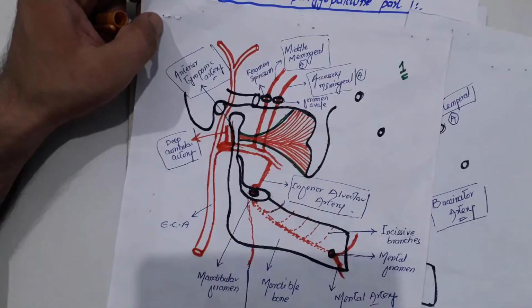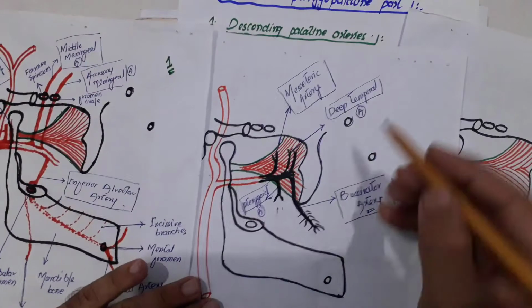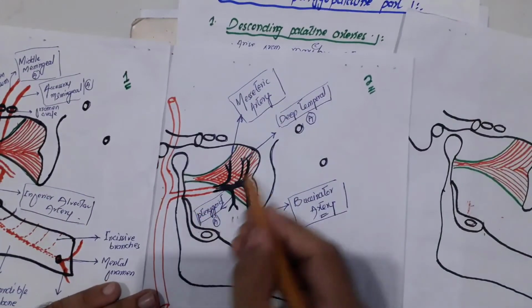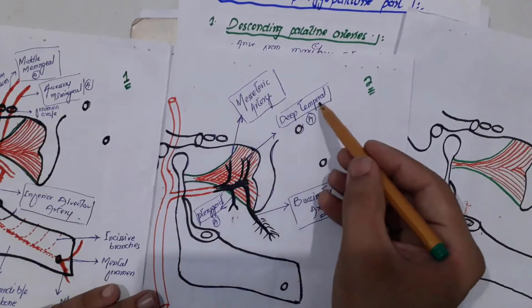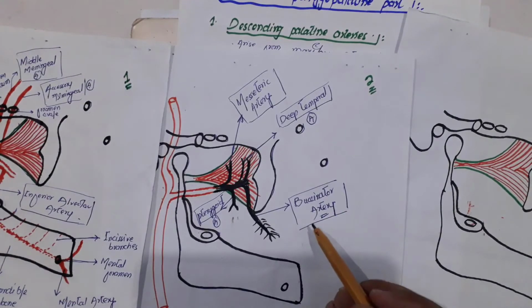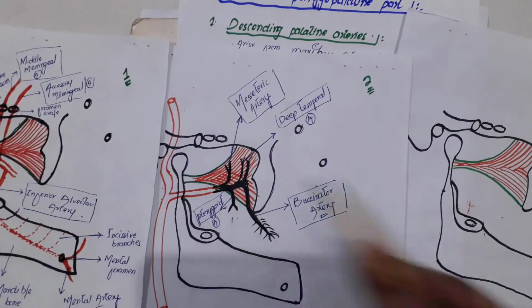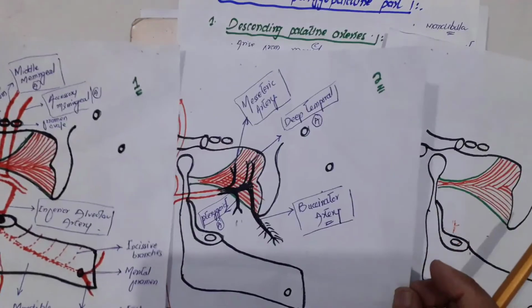Then in our second lecture we discussed the arteries in the pterygoid part: the masseteric artery, deep temporal artery, pterygoid artery, and the buccinator artery. So 4 and 5 make 9, and 7 more, 16 arteries arise from the maxillary artery.